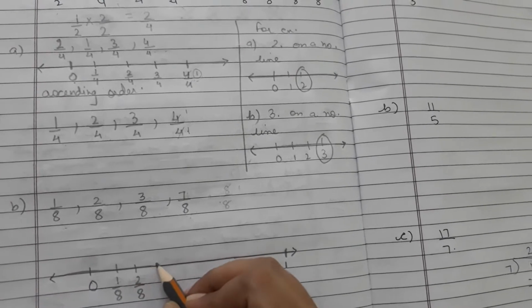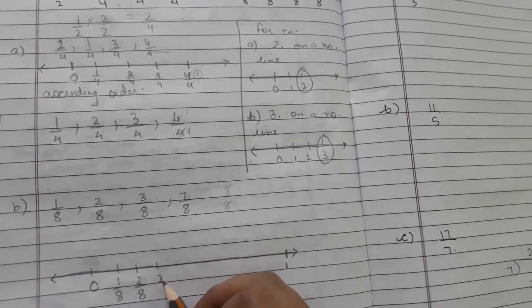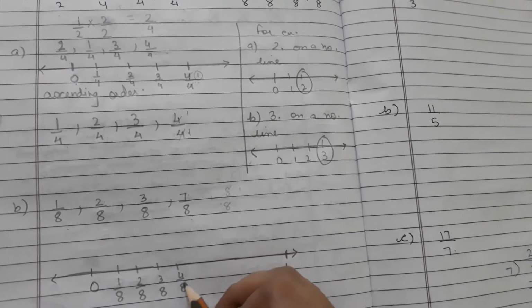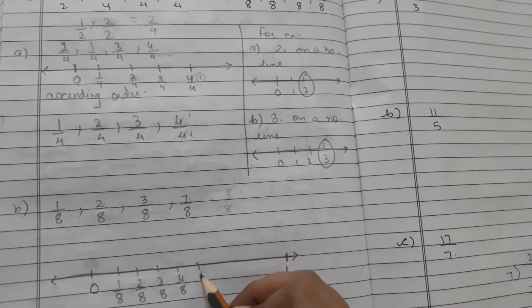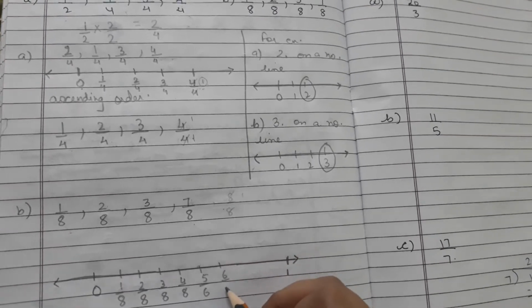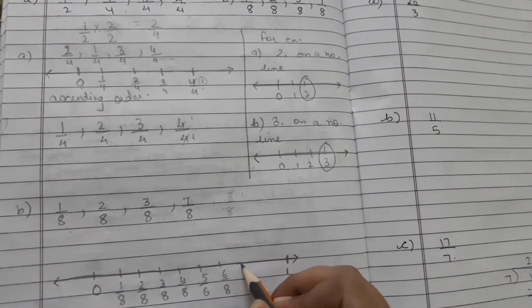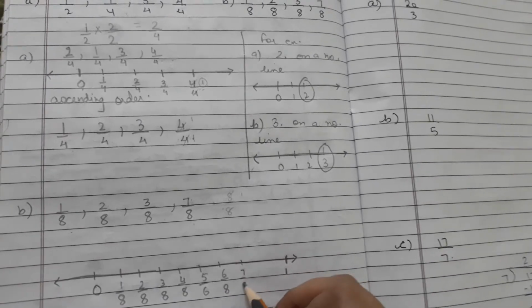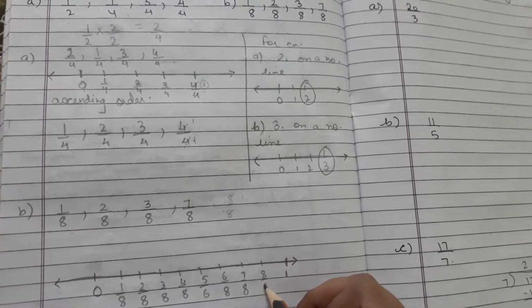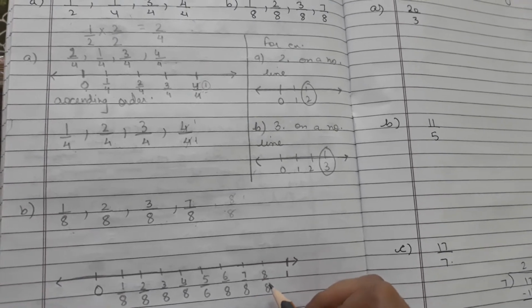We have to divide it in equal parts. Then 3 by 8, then 4 by 8, then 5 by 8, then 6 by 8, then 7 by 8, and after 7 by 8 what will come? 8 by 8.